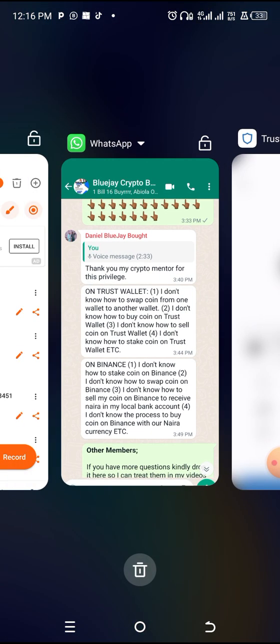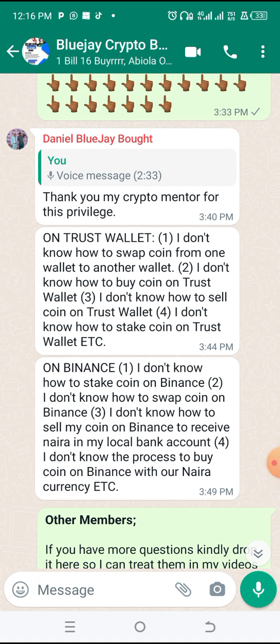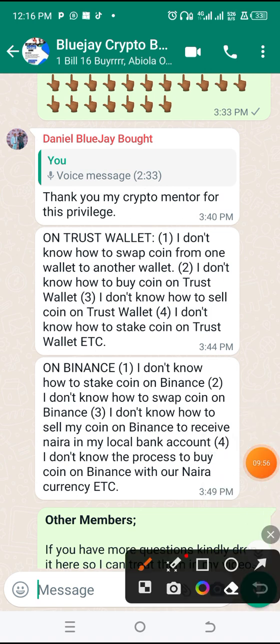Okay, so the third question here is, I don't know how to sell coin on Trust Wallet. And the fourth question is, I don't know how to stake coin on Trust Wallet.